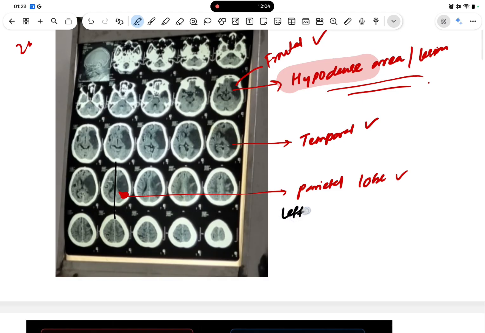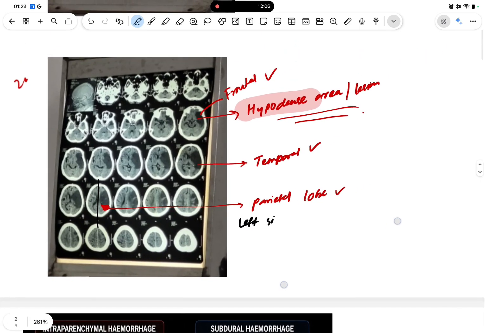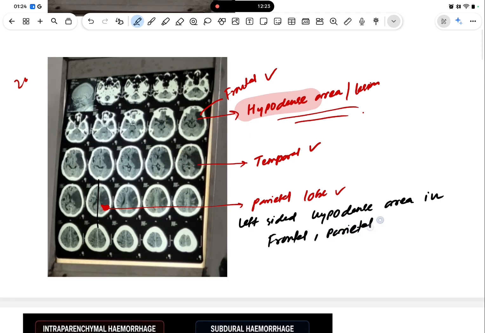Okay, so left-sided hypodense area in frontal, parietal and temporal lobe.